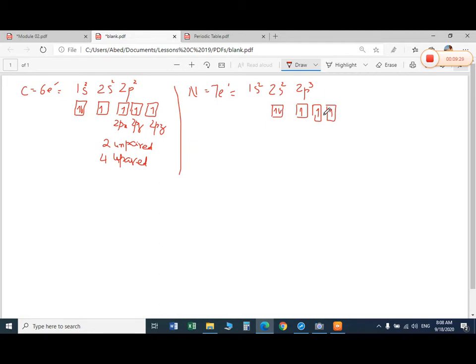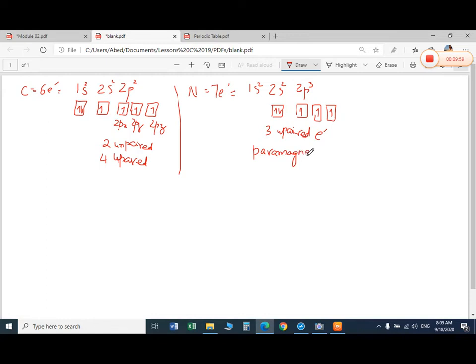So 3 electrons will remain unpaired in separate orbitals. So here we have 3 unpaired electrons. Now on the basis of unpaired electrons, the atom will be paramagnetic.